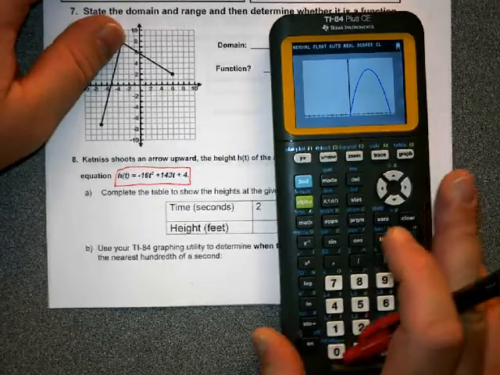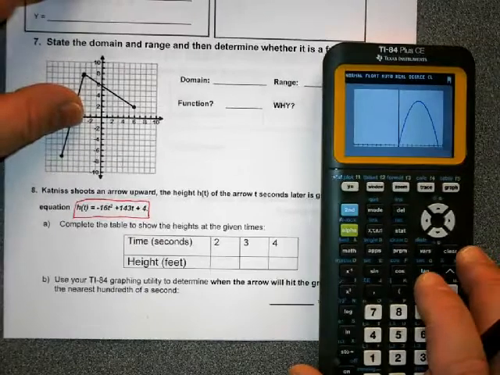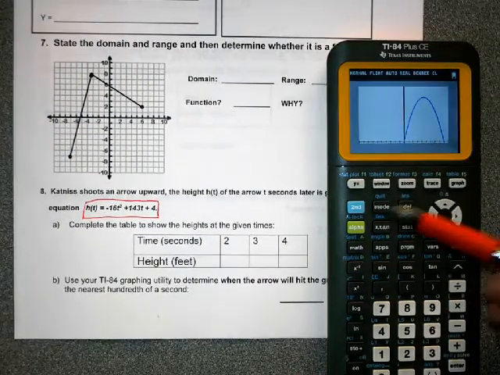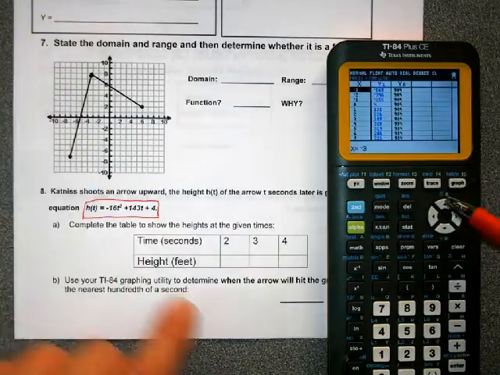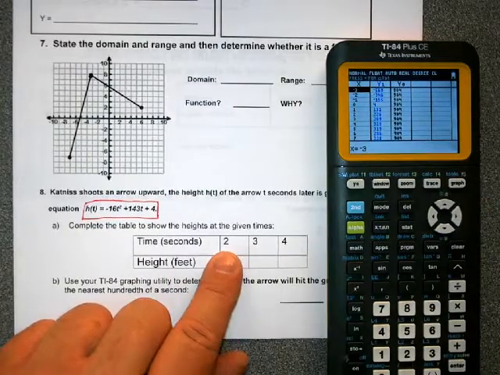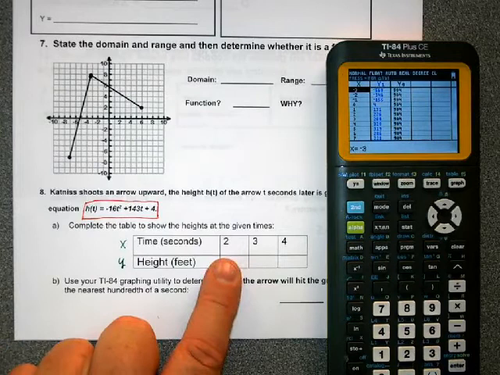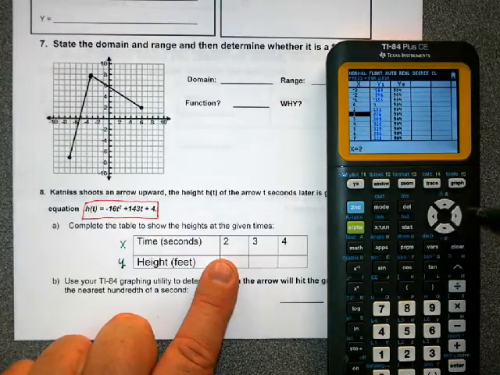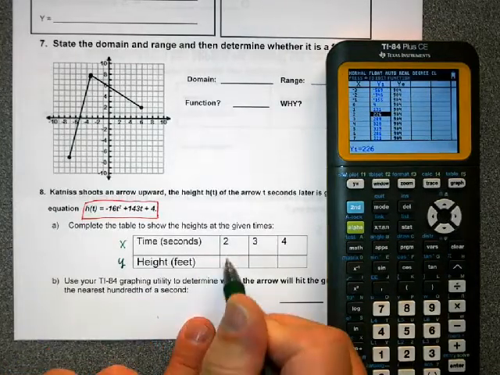Now, this is the easy part, right? Where we have a table and we go to fill it in. All we have to do is go to our table, second graph, and this is our x, that's our y. So I'm going to go down here to x equal 2, and they want us to find y, which is 226.